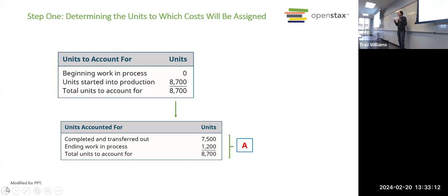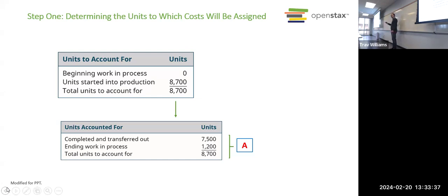Understanding these two simple formulas and the relationship is really important. If you take the beginning units that are in work in process and then add any new ones that you started making during the period, that is the total units to account for. At the beginning of the period, they weren't making any drumsticks.